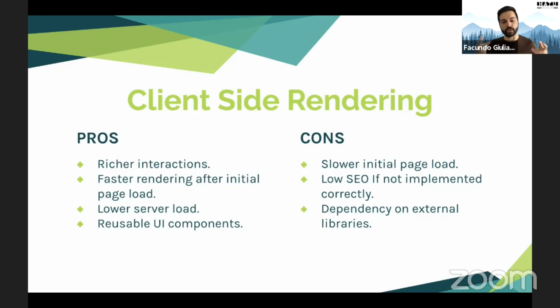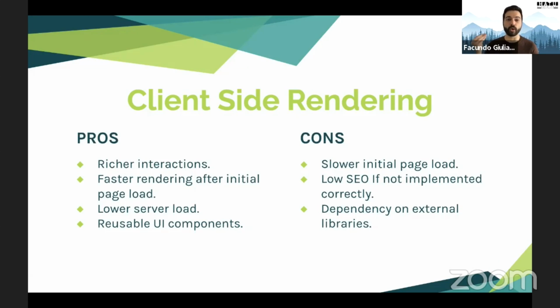The robots that analyze the pages from Google or from any search engine like Bing, for instance, will do it better or easier if you have all the content available when you request the page. And that is the problem. Client-side rendering generates the HTML dynamically on the client side.